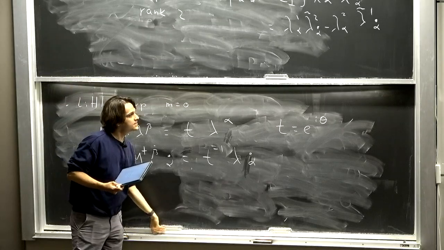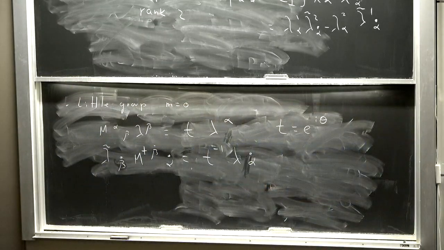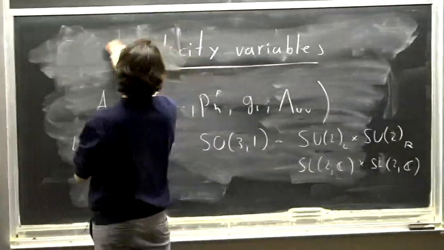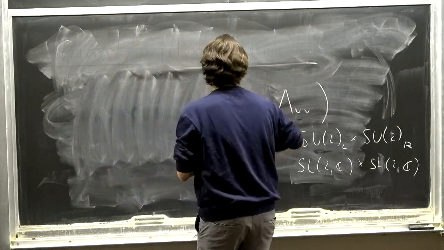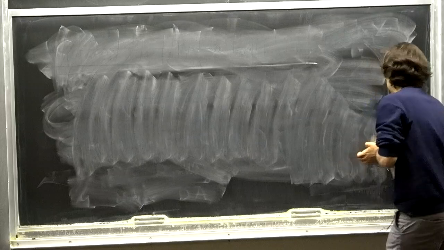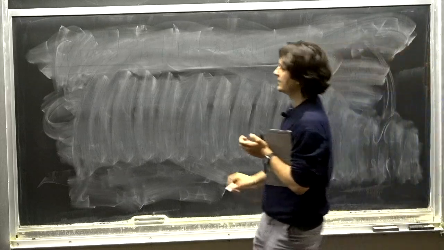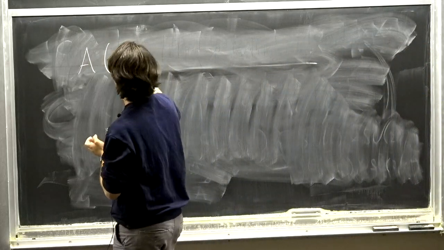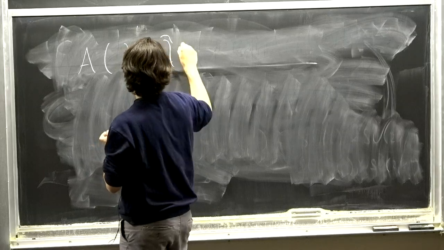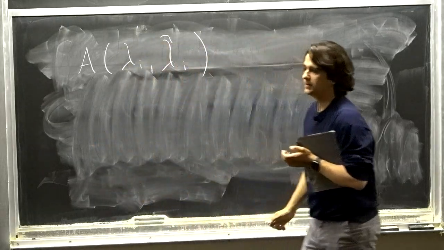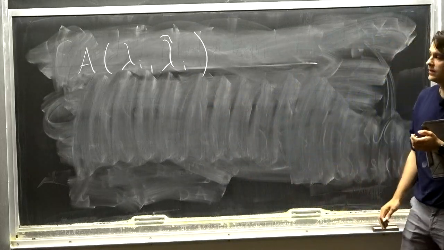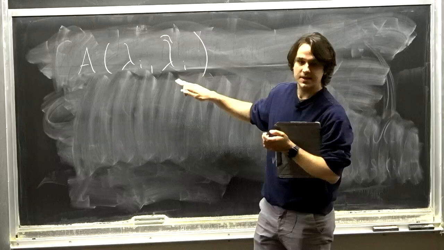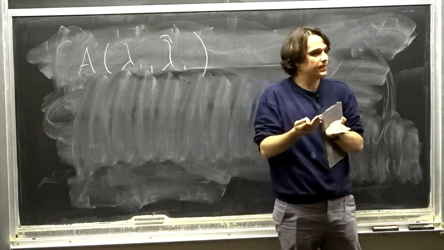So what does that tell us about the amplitude? We can write the amplitude for massless particles in terms of these lambdas and lambda tildes. And actually, this amplitude will have some specified homogeneity in each one of these, because I remind you that this amplitude is just the overlap of these multi-particle states.